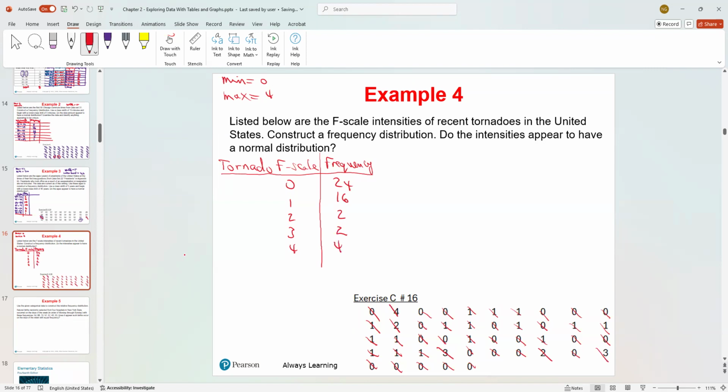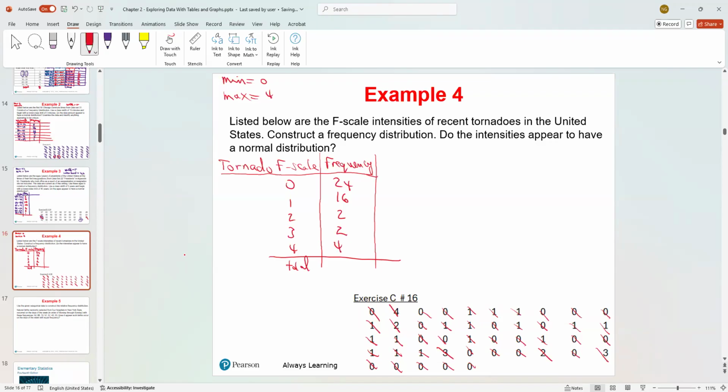So remember, this is the frequency. You can always add and make sure the total corresponds to the number of data in the data set. For example, here, if you add this one, it would give you 40, 42, 44, 48. Make sure when you add them all up, it gives you exactly the same number of data.